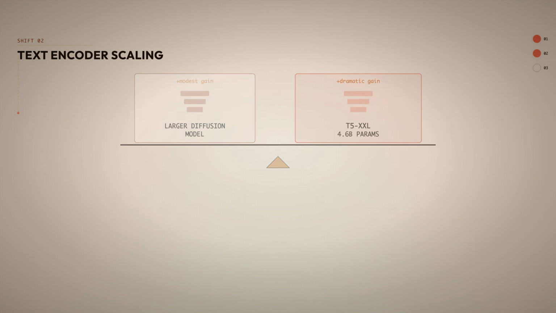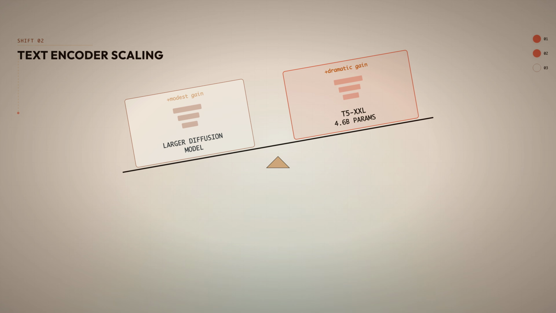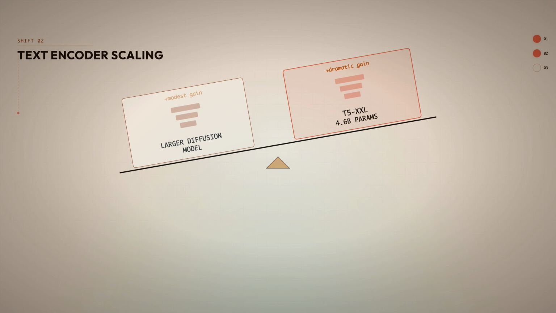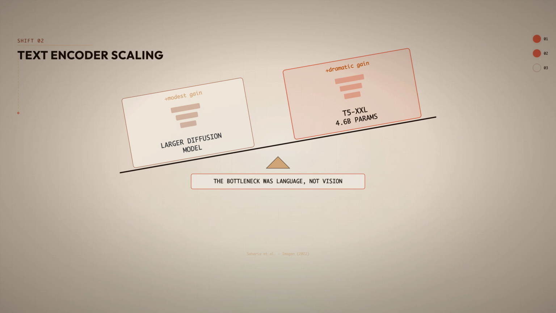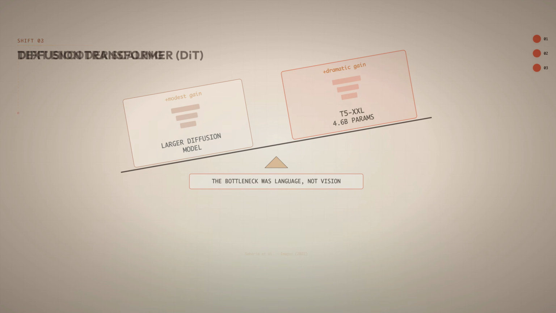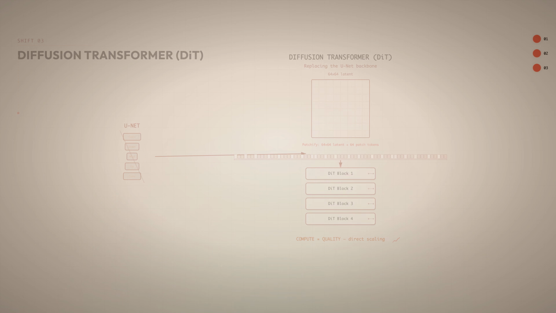Second, text encoders. Imagen proved that scaling T5 XXL to 4.6 billion parameters improved images more than scaling the diffusion model itself. The bottleneck was language, not vision. Third, transformers replacing UNets. The diffusion transformer hit FID 2.27 on ImageNet, compute scaling directly with quality.